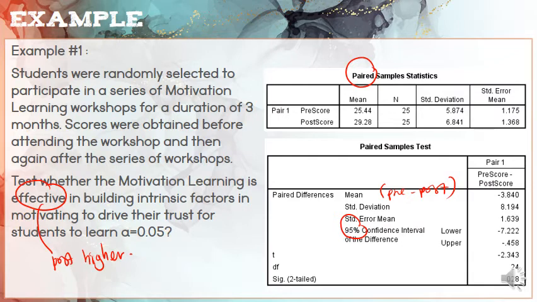Okay. So, daripada SPSS output, kita tengok dia calculate mean difference pre minus post. So, kalau you nak check this claim, post score should be higher dan pre tolak post should dapat negatif.